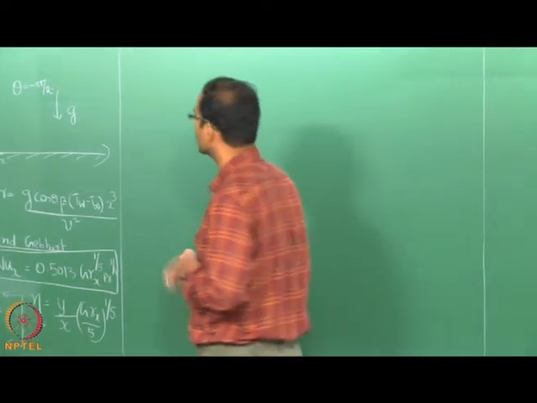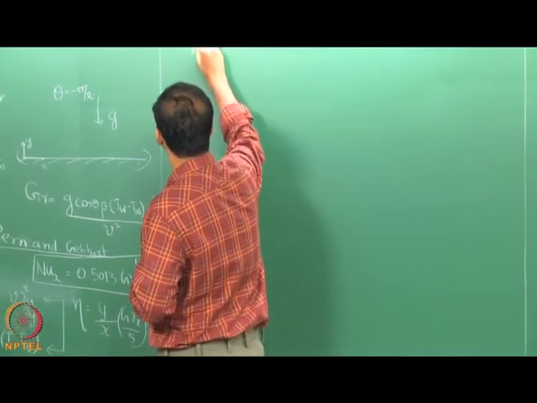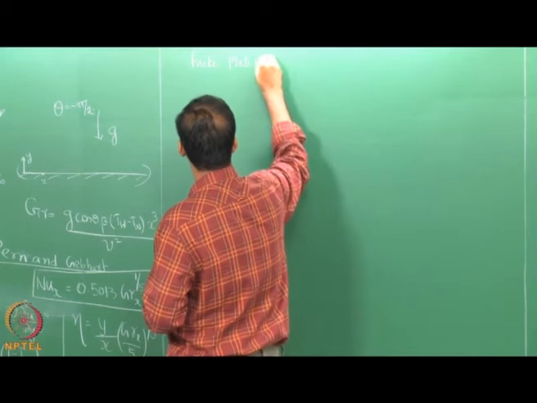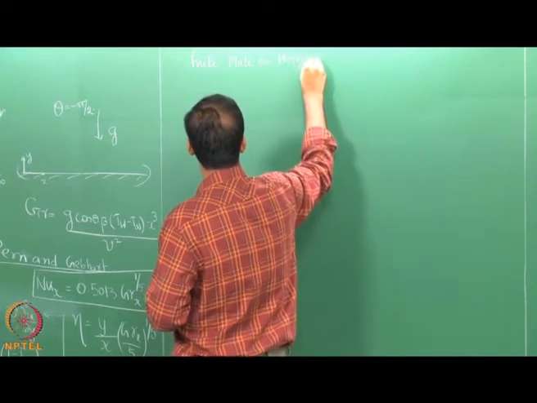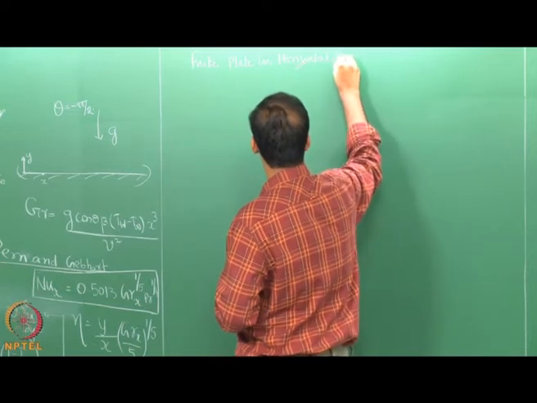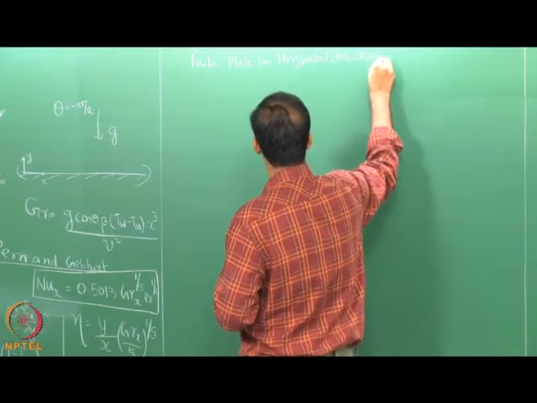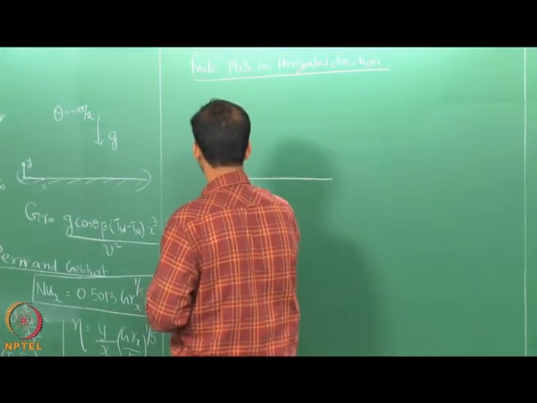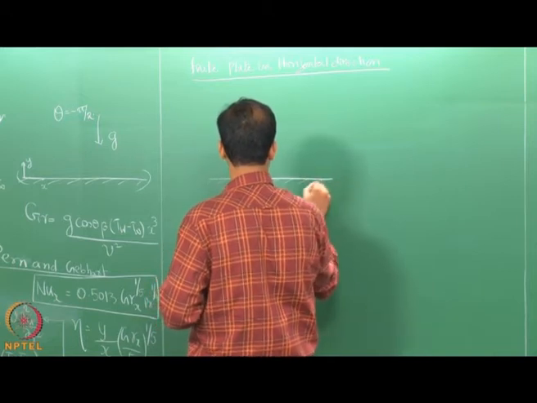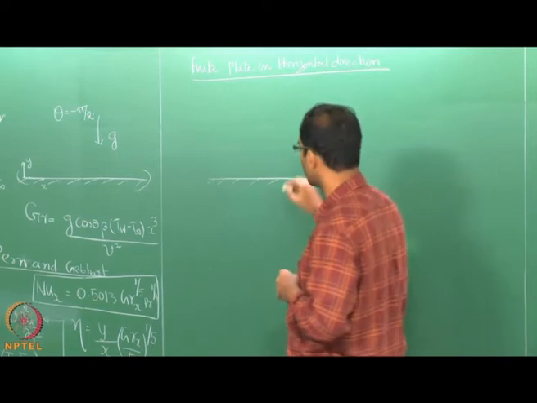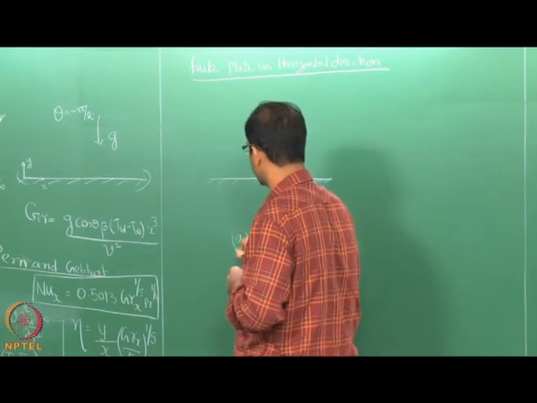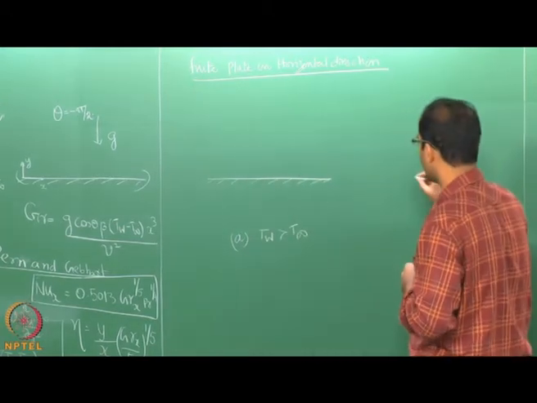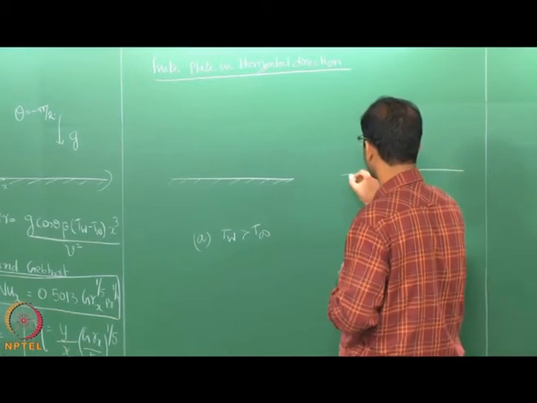This is the case of a horizontal finite plate. We keep the plate in the horizontal configuration and it is finite in length. Okay. So, in case A, we heat the plate, and we can have case B where we cool the plate.